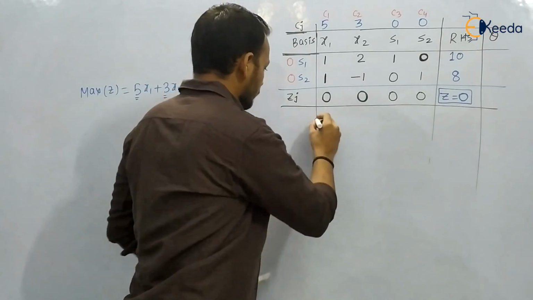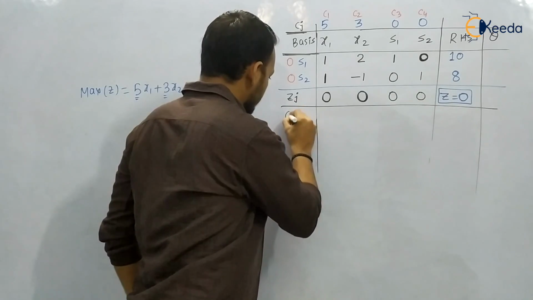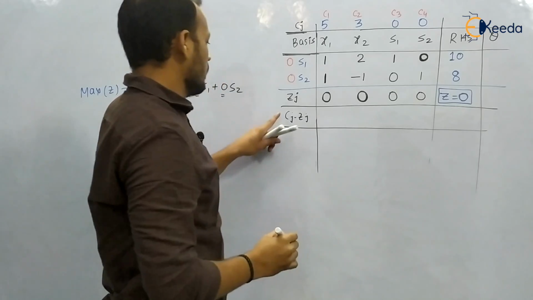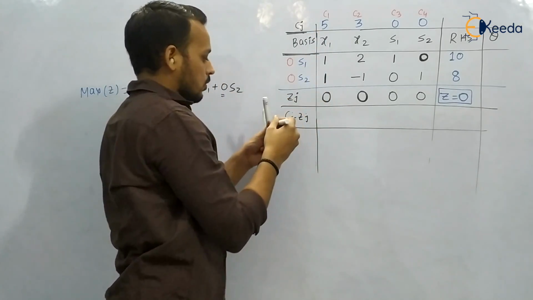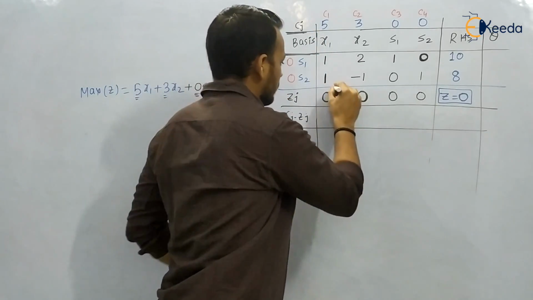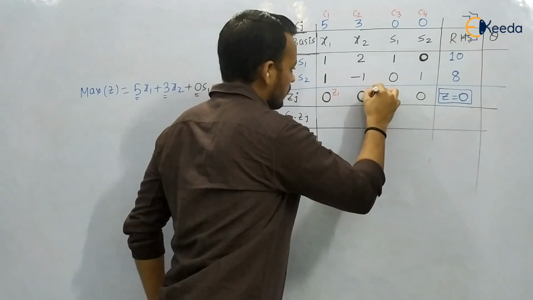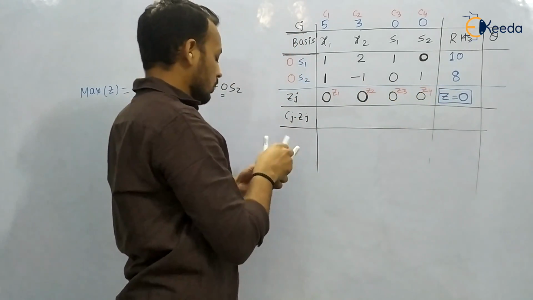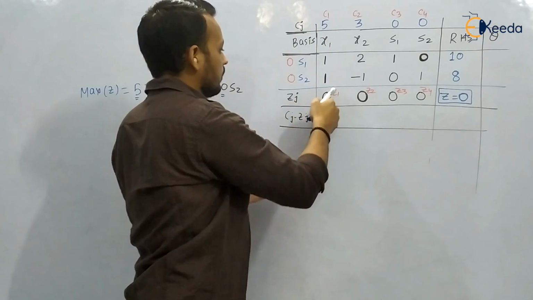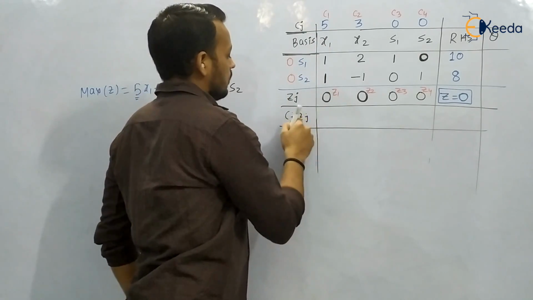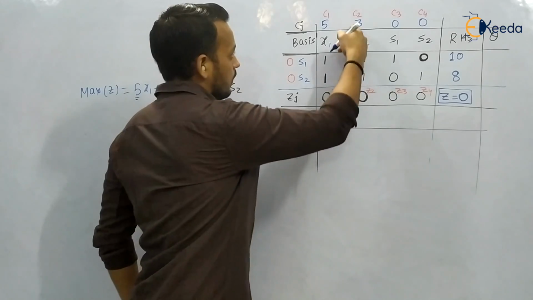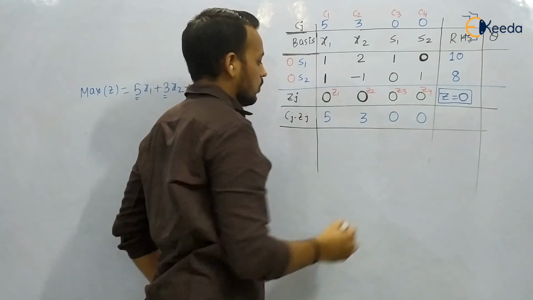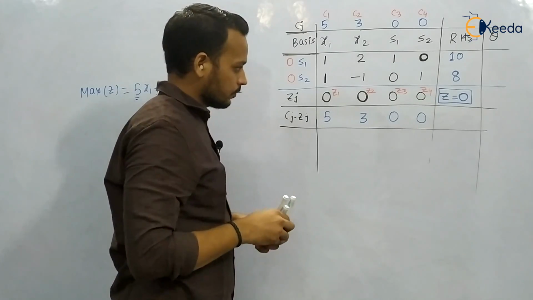So you are going to write here the Cj minus Zj value. C1 minus Z1, and likewise for Z2, Z3 and Z4. So this is going to be 5 minus 0, which is 5. 3 minus 0 is 3. 0 minus 0 is 0, and this is also 0.